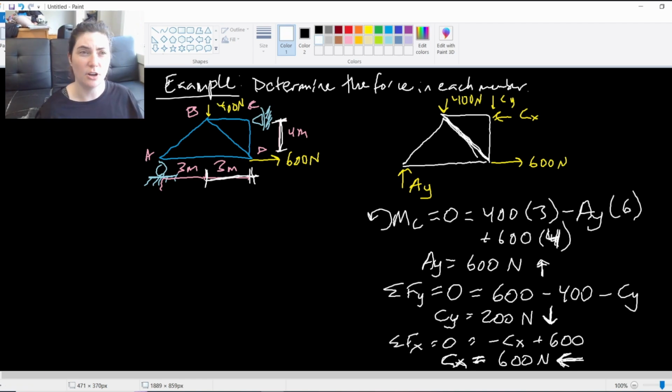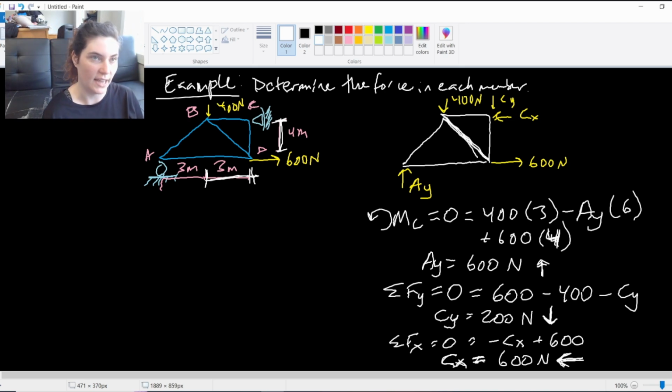So for me, I'm going to start at point A because when I analyze these, I typically just go from left to right. That's usually how I read them, so that's how I tend to solve problems, just going down the line left to right to make sure I haven't missed anything.